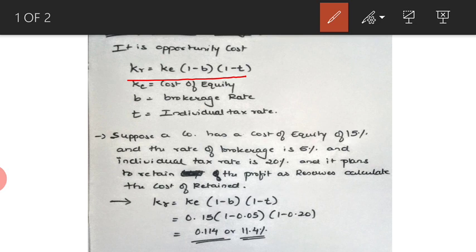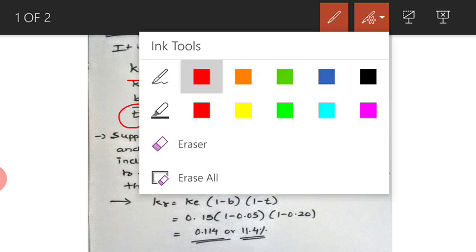That is the reason why we have KE into 1 minus B into 1 minus t. So KE is cost of equity, B is the brokerage rate, and small t represents the individual tax rate applicable to the investors.